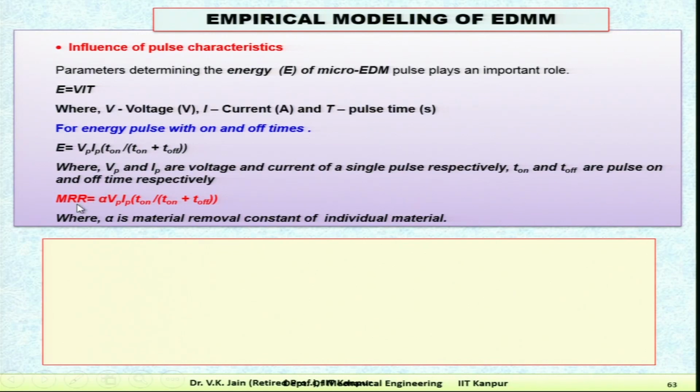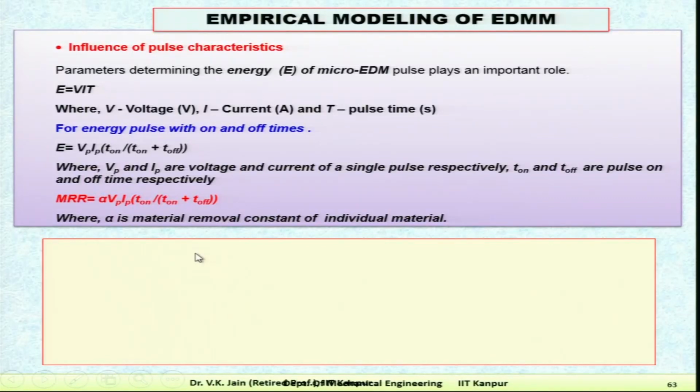So, MRR can be given using this particular equation: α Vp Ip Ton × Ton/(Ton + Toff), where alpha is the material removal constant of the individual material, and this alpha is to be determined with the help of experimental results, and a sufficient number of experiments should be performed to accurately determine it. Otherwise, this will not give the right values of material removal rate or volume of material removed.